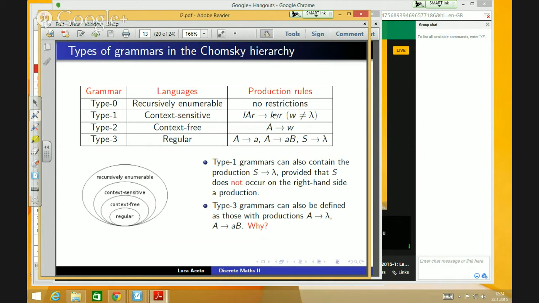If somebody instead asks you to prove that the language is regular, then what you need to do is to come up with a grammar whose productions have one of the given forms, or of this type, which are completely equivalent, that generates that language. In other words, context-free languages are a special class of languages. And the reason why they are special is that in generating them, you cannot use arbitrary productions.